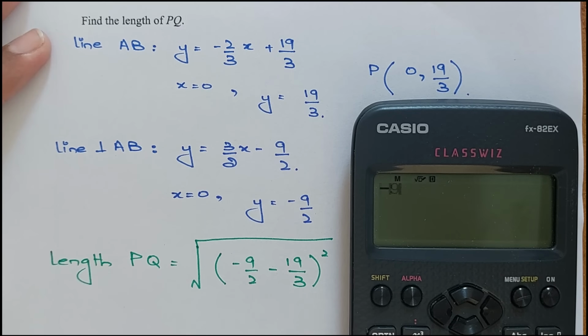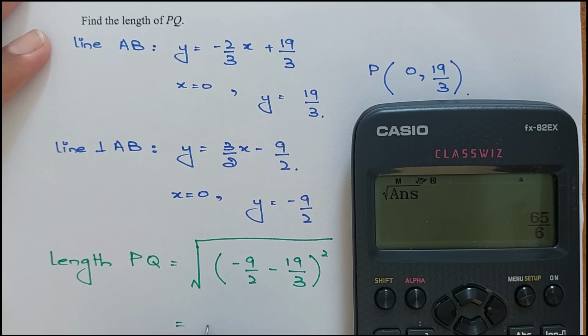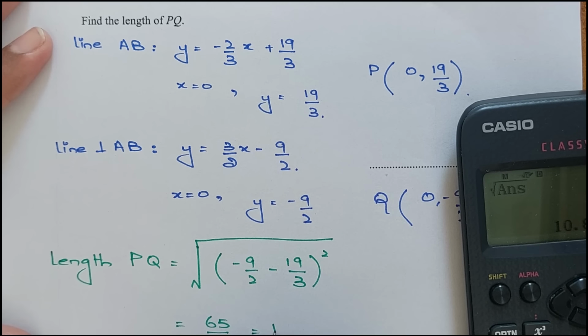Okay, minus 9 by 2 and minus 19 over 3, and the square root of the answer is 65 over 6, or 10.83 units. This is the length of PQ.